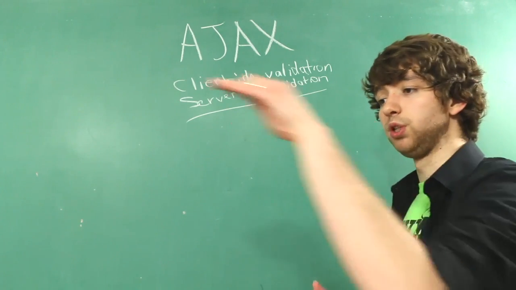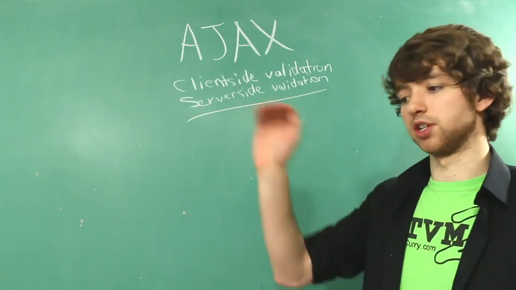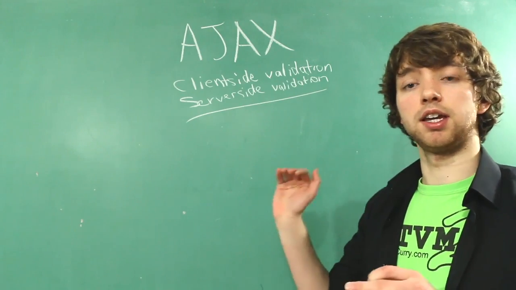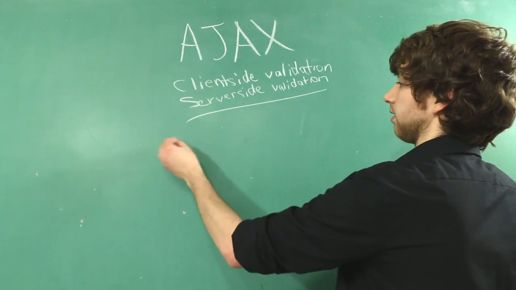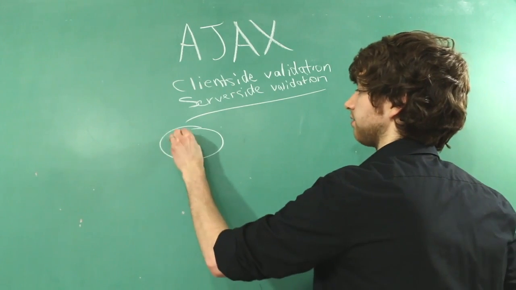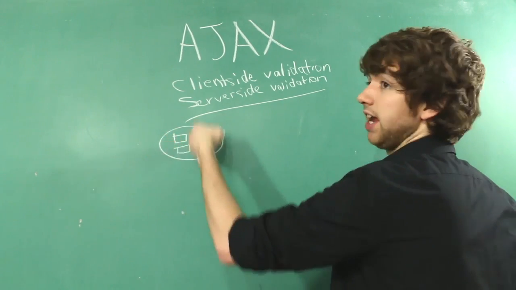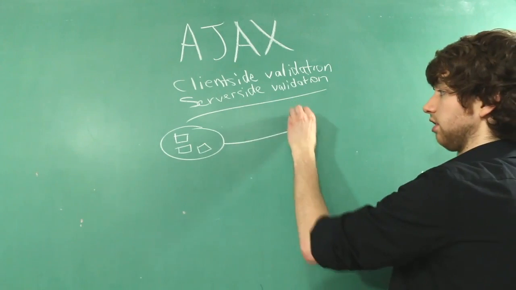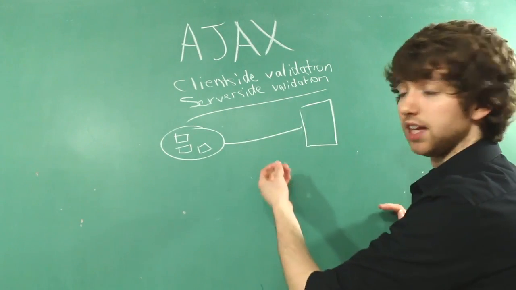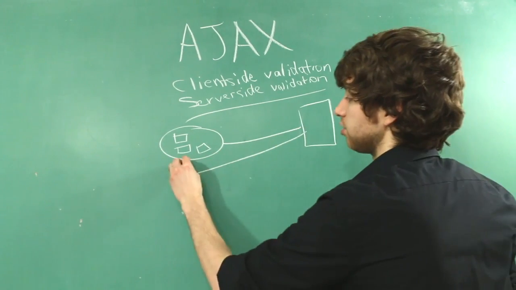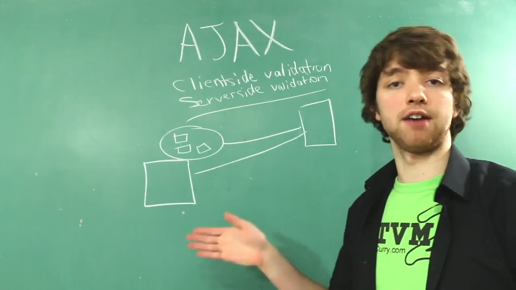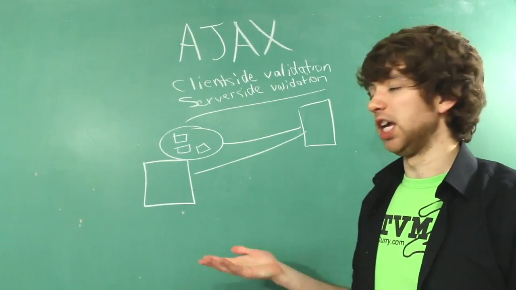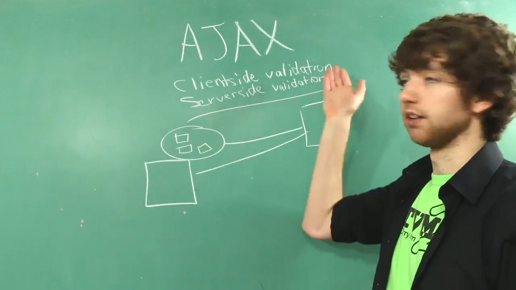Once you leave a form element, such as an input box, it can use an AJAX request to send the data. So let's say we have this form here, and all the data gets sent to the server, validated, and sent back to the web application. The web application did not have to perform a refresh. It just looks like client-side validation.